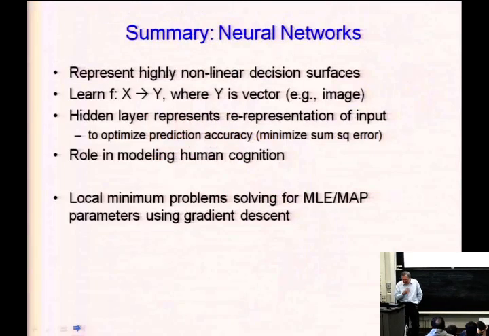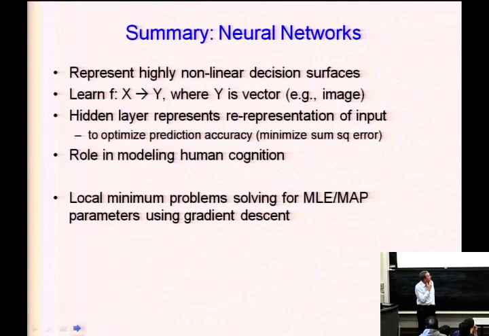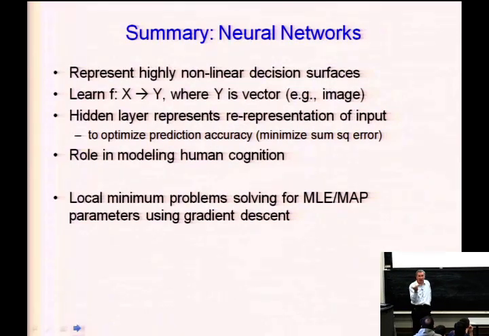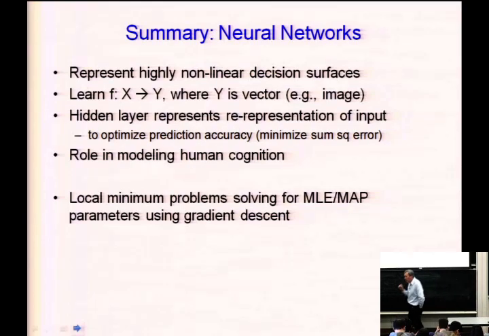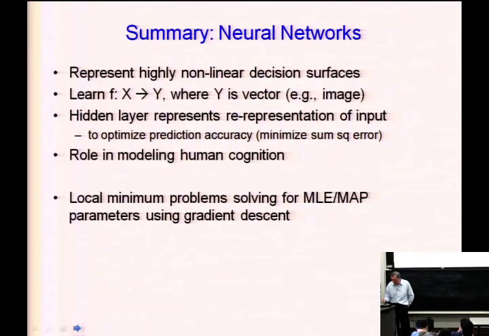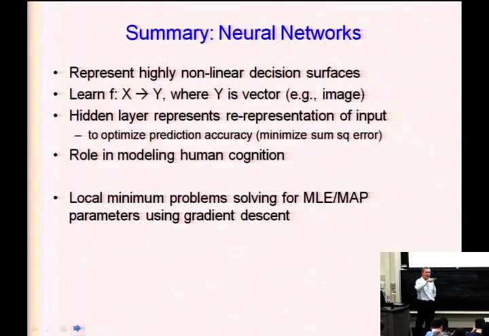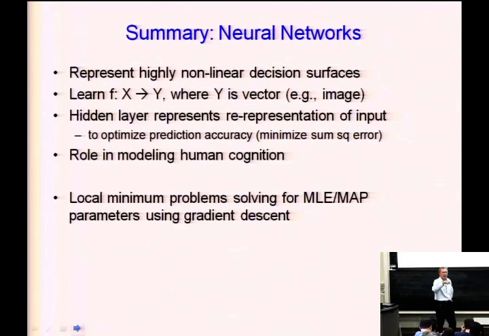So to summarize then, I think here are the high points. Neural networks are interesting because they're a way to represent nonlinear functions. You can think of them as a nonlinear regression approach. Furthermore, they can represent functions where the output variable y doesn't have to be just a single random variable. It could be a whole vector.